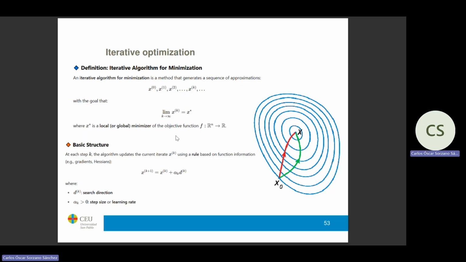You start somewhere, and then you move through this function trying to find the minimum. This family of algorithms is called iterative algorithms. The idea is that you create a sequence of approximations, of estimates of what the minimum is. And in the limit, if you iterate forever, you get to the minimum.